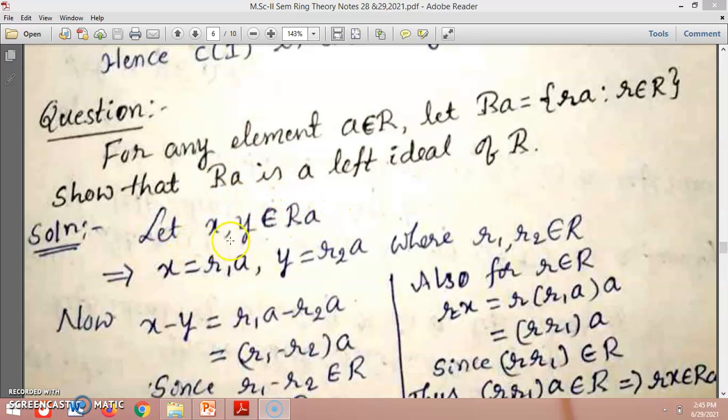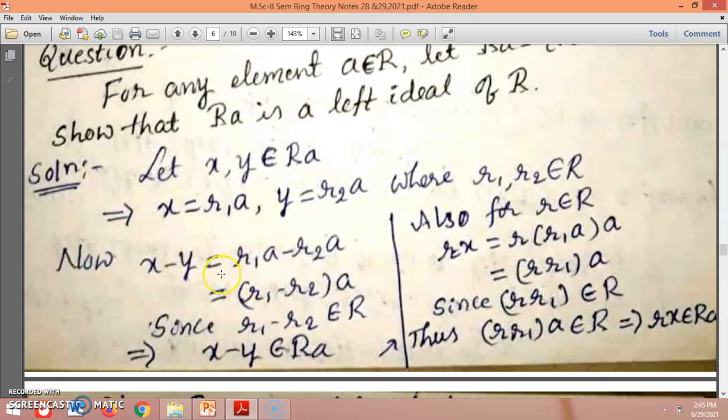So then we can say that this Ra is a left ideal of R. Let us take two elements which are members of this Ra, defined like this. Let x be r1a and y be r2a, where r1 and r2 are members of the ring R. Now we check the first property of a left ideal, closure under addition, by taking x minus y equal to r1a minus r2a.